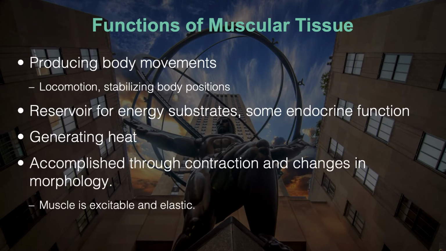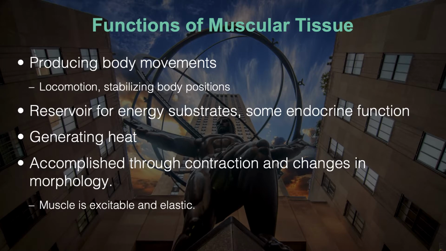And all of the above are accomplished by muscle's unique ability to contract. Muscle generates tension and it contracts. Muscle squishes, it shortens. That takes energy. It produces heat. It produces molecules that get sent out. As muscle contracts, its shape changes. It generates force.